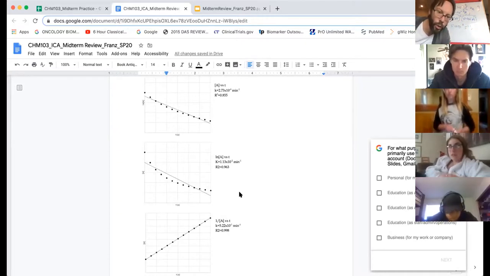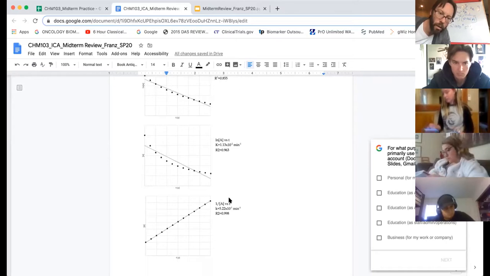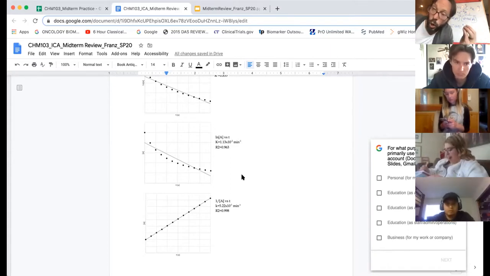And then what we want to do is look at what is the best line. So clearly 1 over A seems to be the best line, and you can kind of see that by just eyeing it up. But sometimes they'll be closer than this and it'll be harder to tell.